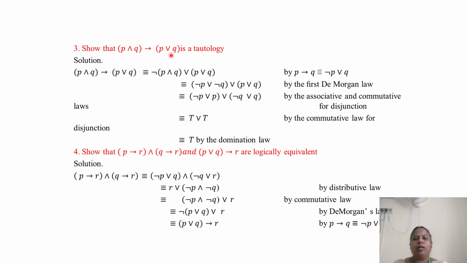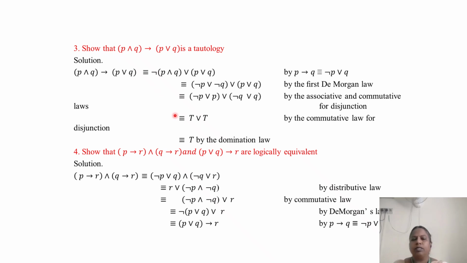And using the equivalence formulas, we can prove whether the given statement is a tautology or not, without using a truth table. One more thing is, whenever it is mentioned in the problem, without using truth table, then we have to use the equivalences.